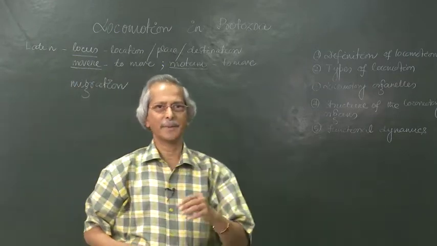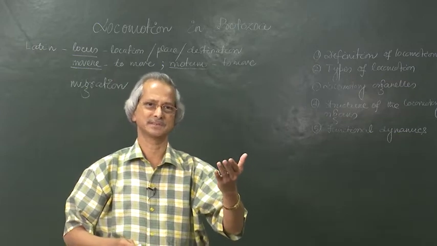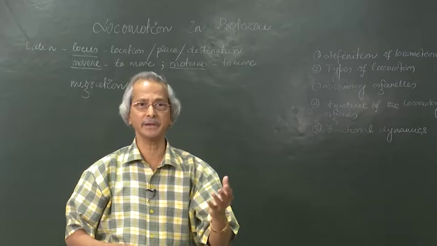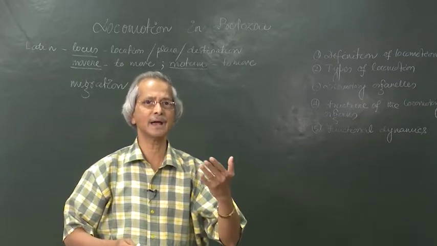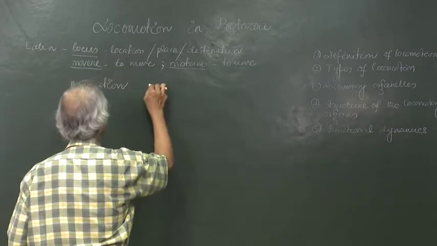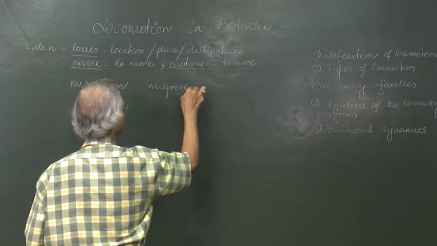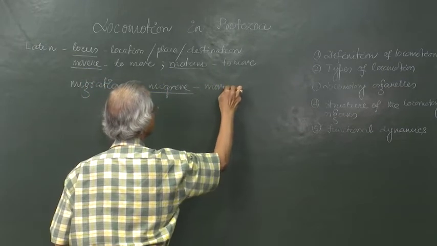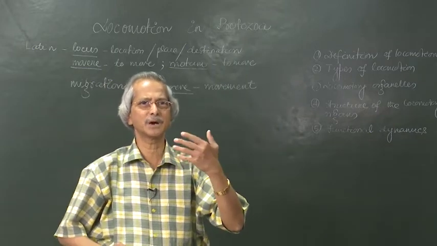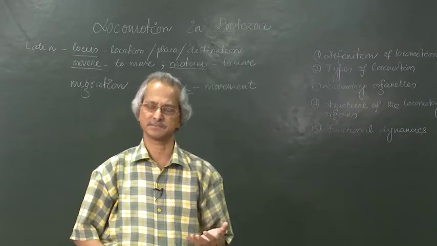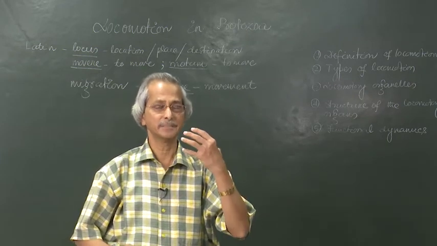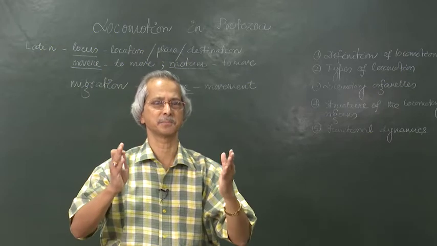Migration also means the movement of animals, but try to differentiate and be specific in discovering the difference between locomotion and migration. The term migration has its origin in migrare, which also means movement. Particularly if you look at some specific fishes like hilsa and eels, they migrate for some specific purposes.